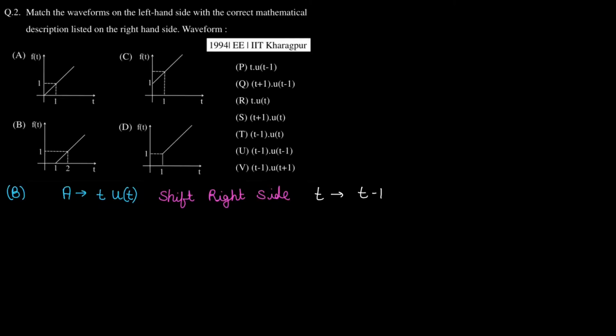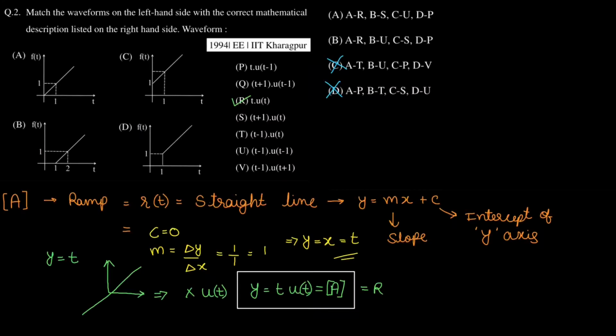That is, option B should give us t minus 1 times u of t minus 1. And by seeing the right hand side of the table, we can see that this is present in U. That means B should be matched with U. And by checking the options, we can also rule out option A because there B is matched with S. Hence our right answer should be B.